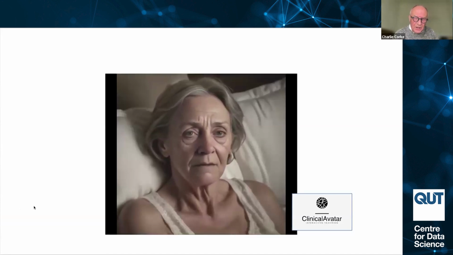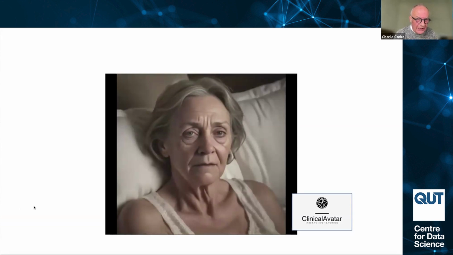And the big advantage of this is that the doctors can do the training whenever they want to. They can do it as much as they like. They can repeat doing it. And they like the avatar giving them feedback. They're much less threatened about the avatar giving them feedback than they are about me giving them feedback.